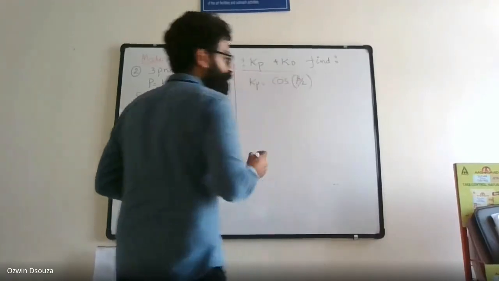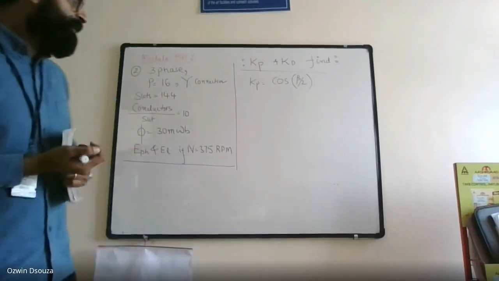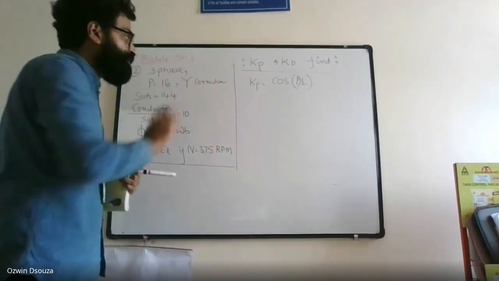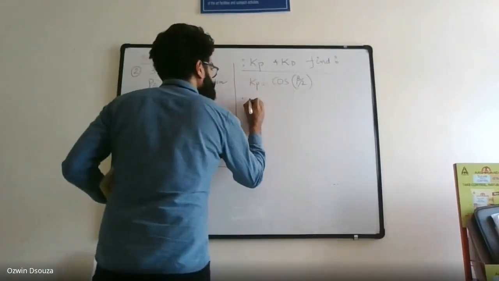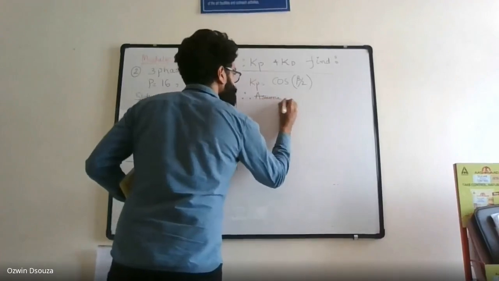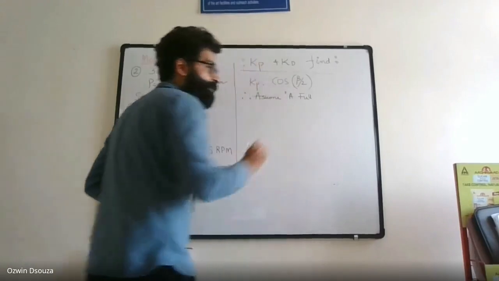Now, in order to find Kp, you have to use the formula cos of beta by 2, and beta is defined as the coil pitch angle. Now, there is no data regarding the coil angle, right? So in such a situation, what you can do is simply assume a full pitched winding. But you have to write it down.